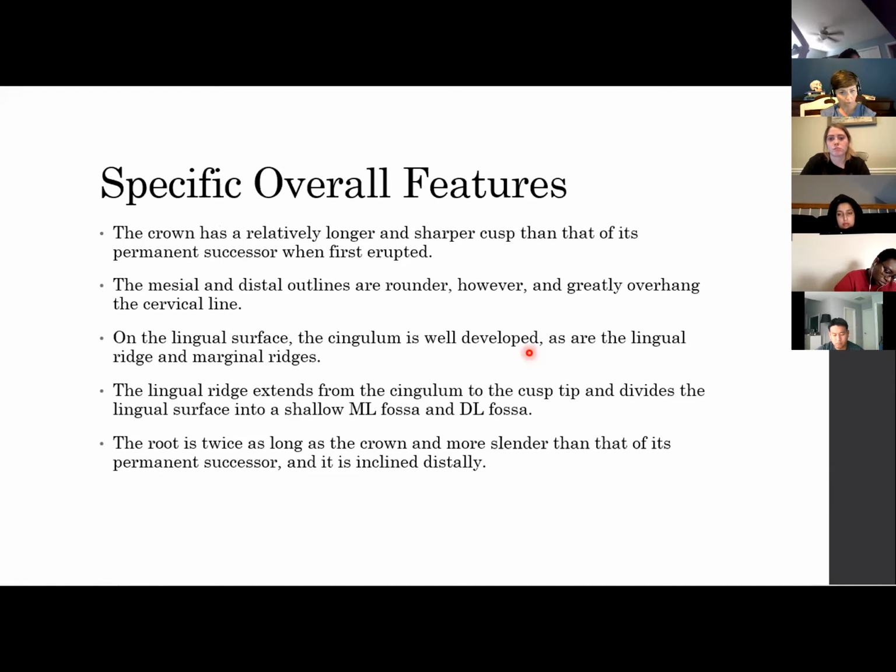On the lingual surface, the cingulum is well developed, as are the lingual ridges and the marginal ridges. The lingual ridge extends from the cingulum to the cusp tip and divides the lingual surface into a shallow mesiolingual and distolingual fossa. And then the root is twice as long as the crown and more slender than that of its permanent successor, and it is inclined distally.